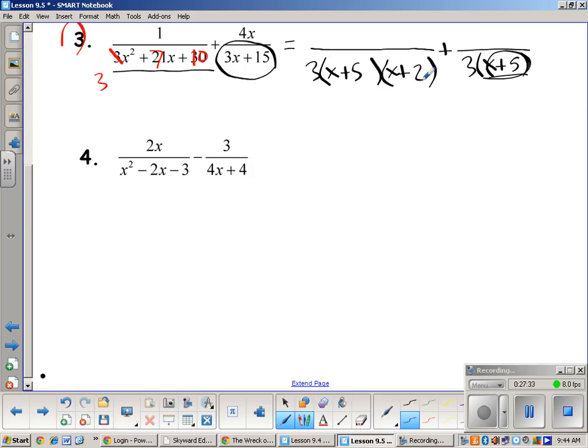Right? So it does work. Okay, so now let's write our common denominator down here. I'm going to start on this side. This is literally how I do it. I just start with the first fraction, and I start going through. I need a 3. I need an x plus 5. I need an x plus 2. Oops.